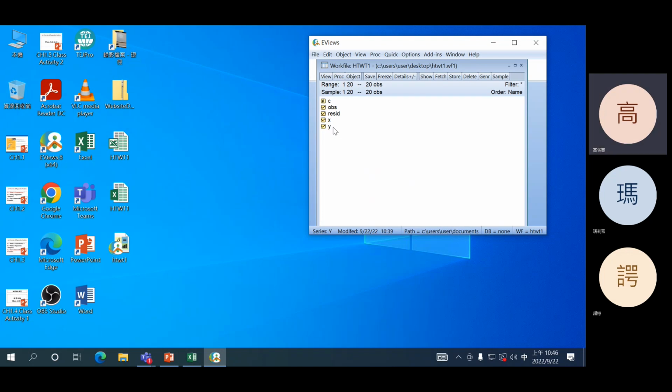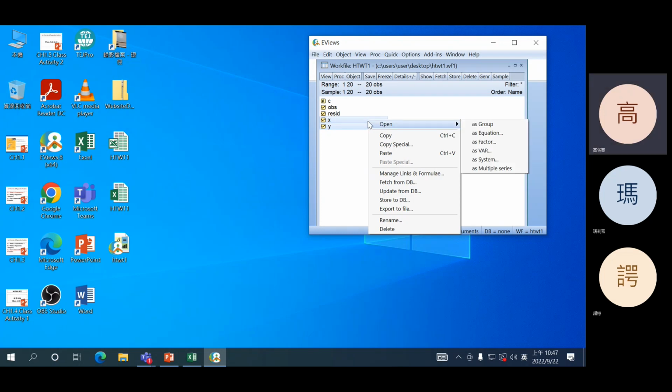So I'll hit it and use the control key, and start with Y, X. Then right-click, and open it as an equation.